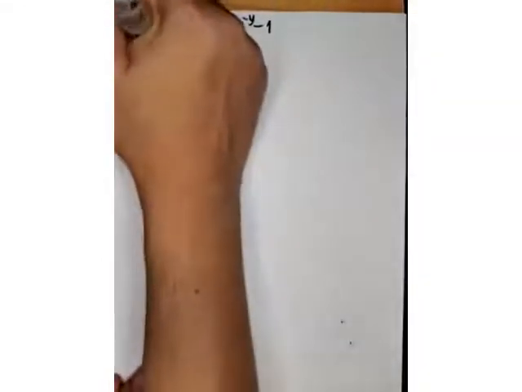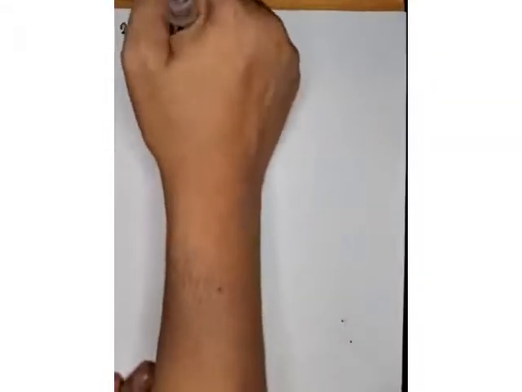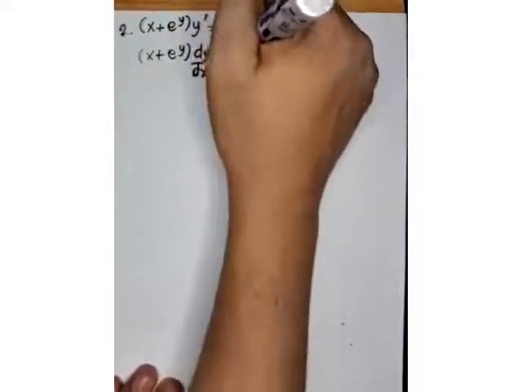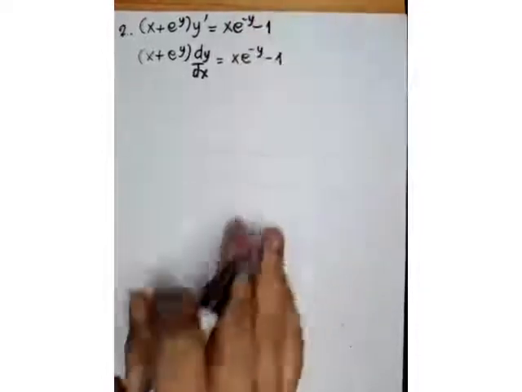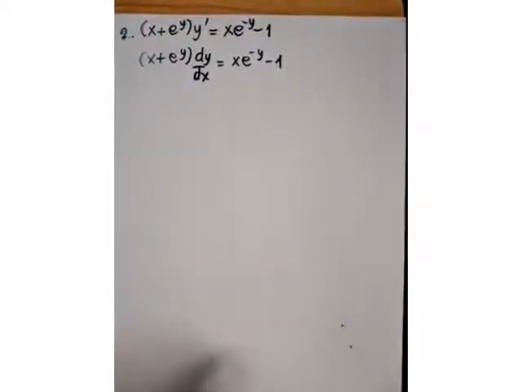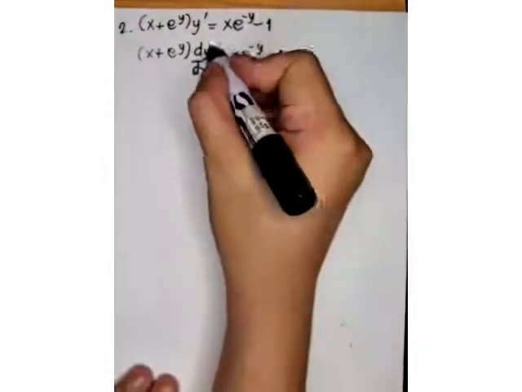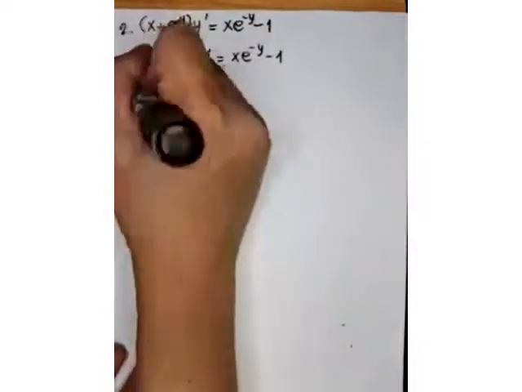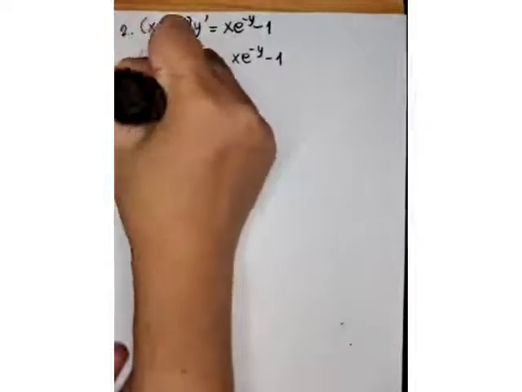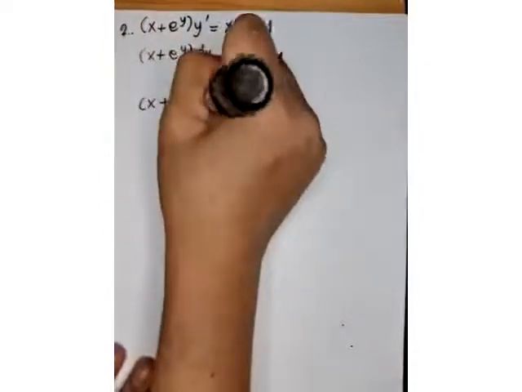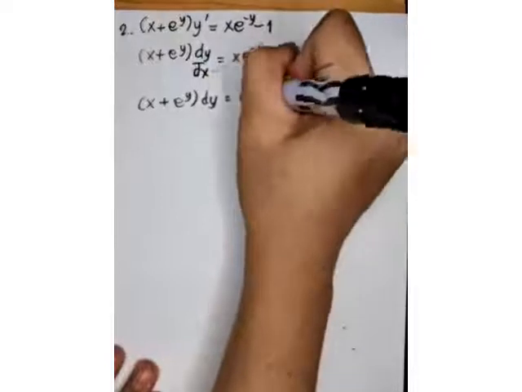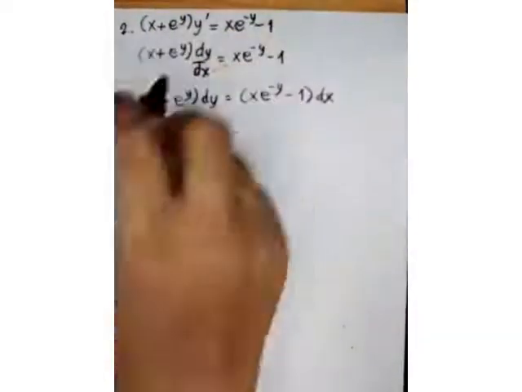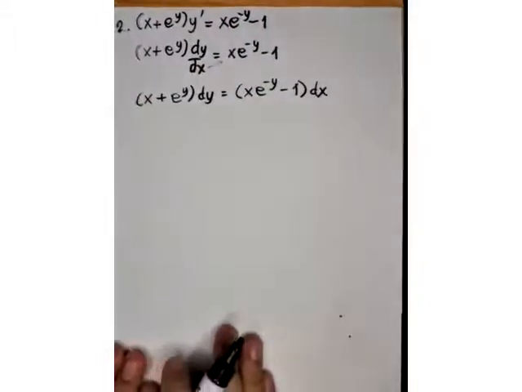So, we'll have x plus e raised to y dy over dx is equal to x e raised to negative y minus 1. And then, paghiwalayin natin yung dy at saka dx, so by cross-multiplying, we'll have x plus e raised to y dy is equal to the quantity x e raised to negative y minus 1 dx. Okay?